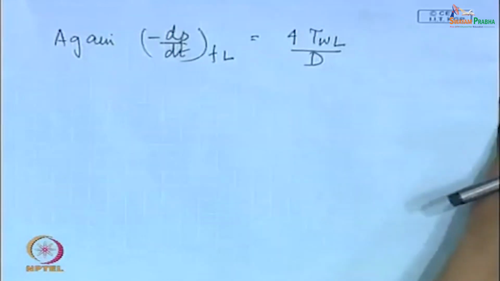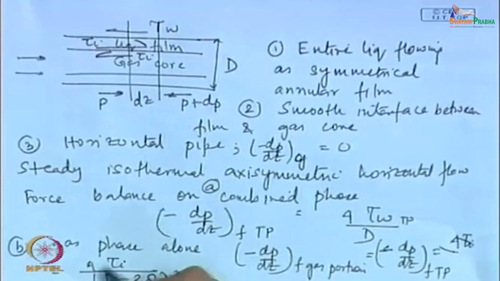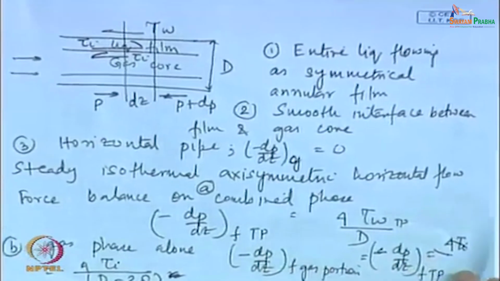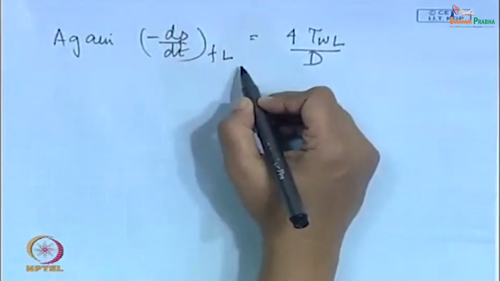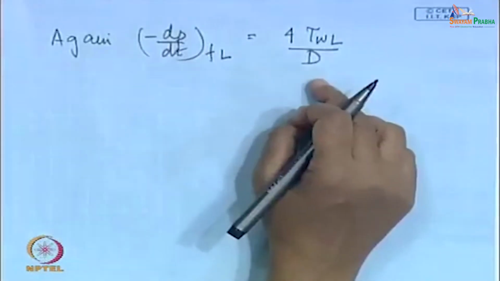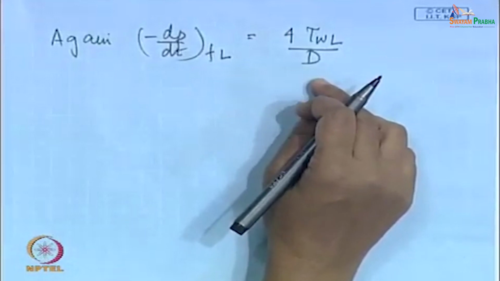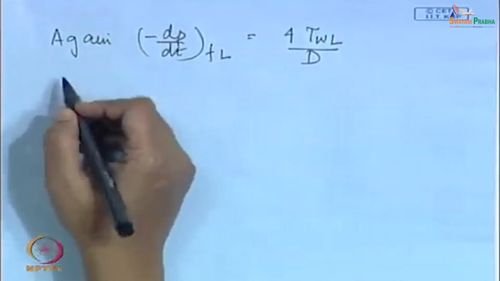In the same way, first we obtain the two phase flowing, then the gas phase for that particular situation, and now we have found minus dP/dz F L. So, if this F TP is divided by this particular F L, then we can get phi L square. Agreed? So, if we divide one by the other, what do we get?